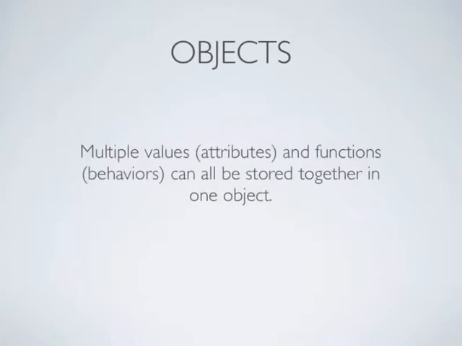What is an actual object in JavaScript? Well, basically, an object is a thing in JavaScript in which we can have multiple values and even functions all stored together. In object language, a lot of times we refer to objects as having attributes and behaviors. The attributes of an object are basically the things about that object that describe it. So, sort of like an object in the real world, a basketball for example. A basketball has attributes.